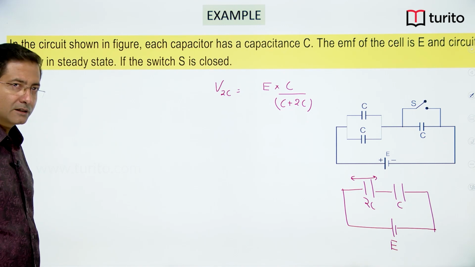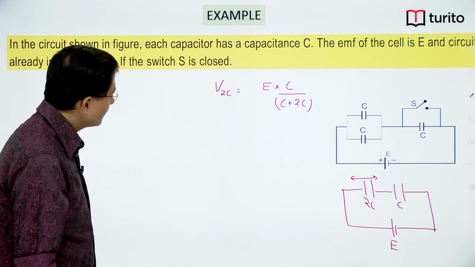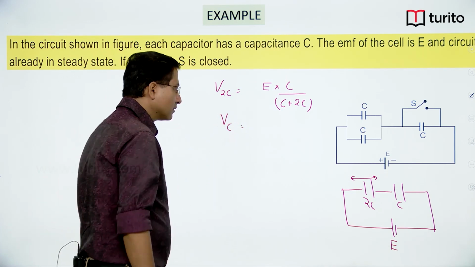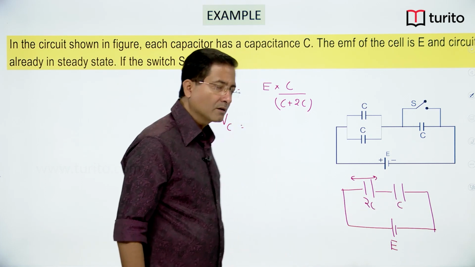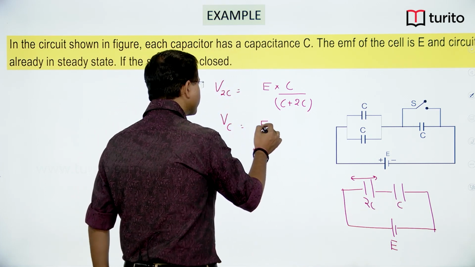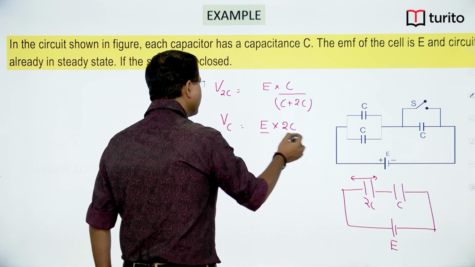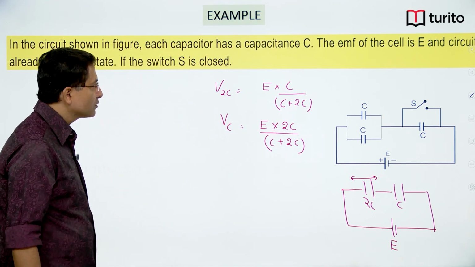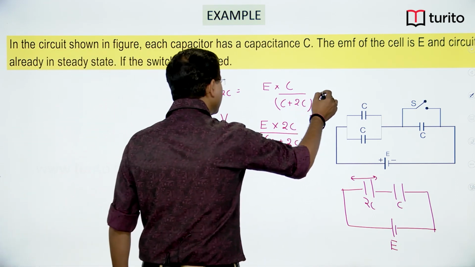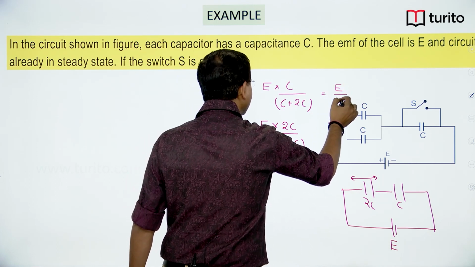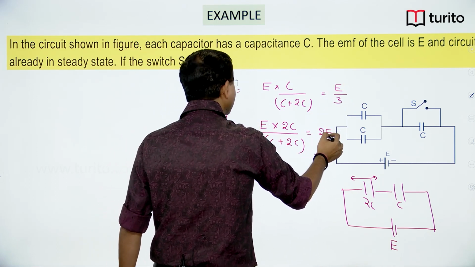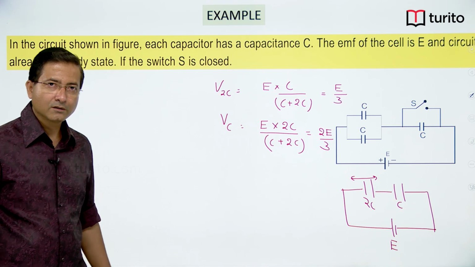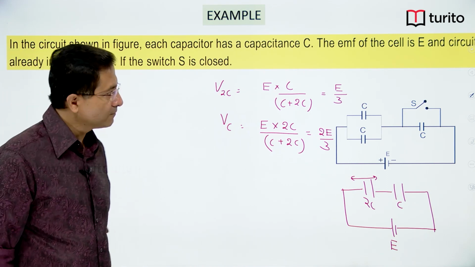We have seen this formula in the voltage division class, right. Similarly, if I ask what is the voltage drop across that capacitor, so that will be E into 2C divided by C plus 2C, right. So if you simplify, you can see that here we are getting E by 3 and here we are getting 2E by 3. Okay, so I straight away have the voltage division, right.